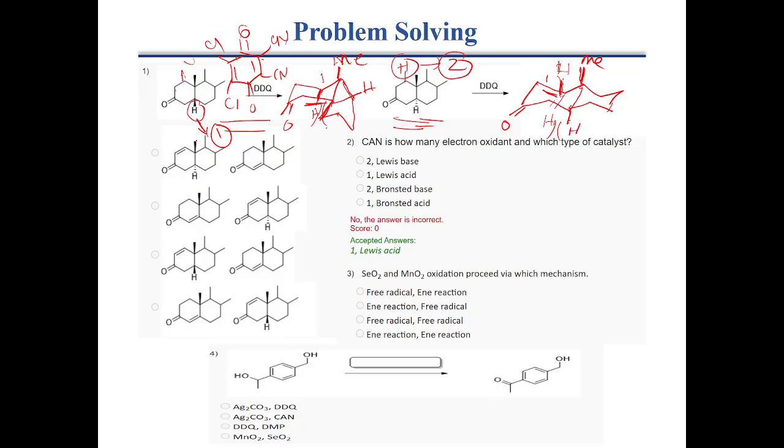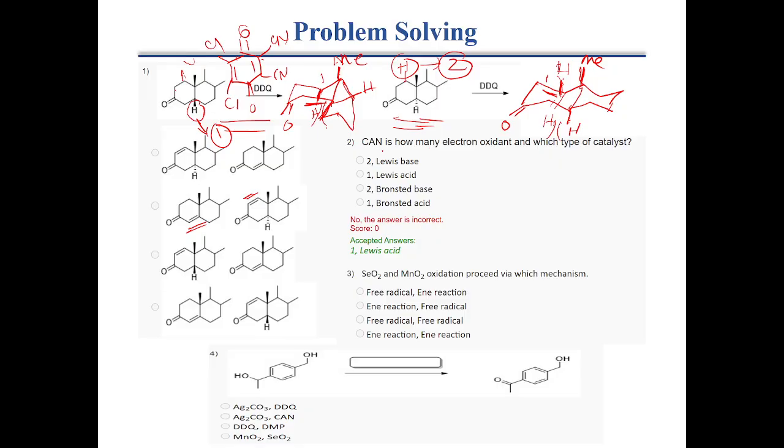That's why we get the double bond here in the trans form and here in the cis form. So this 1,3 steric hindrance gives these two different products under DDQ oxidation conditions.